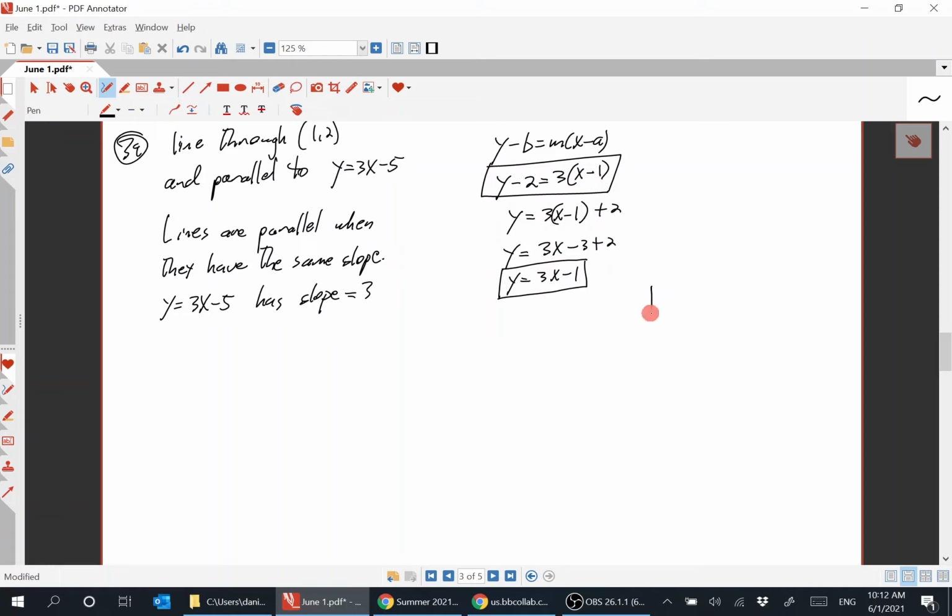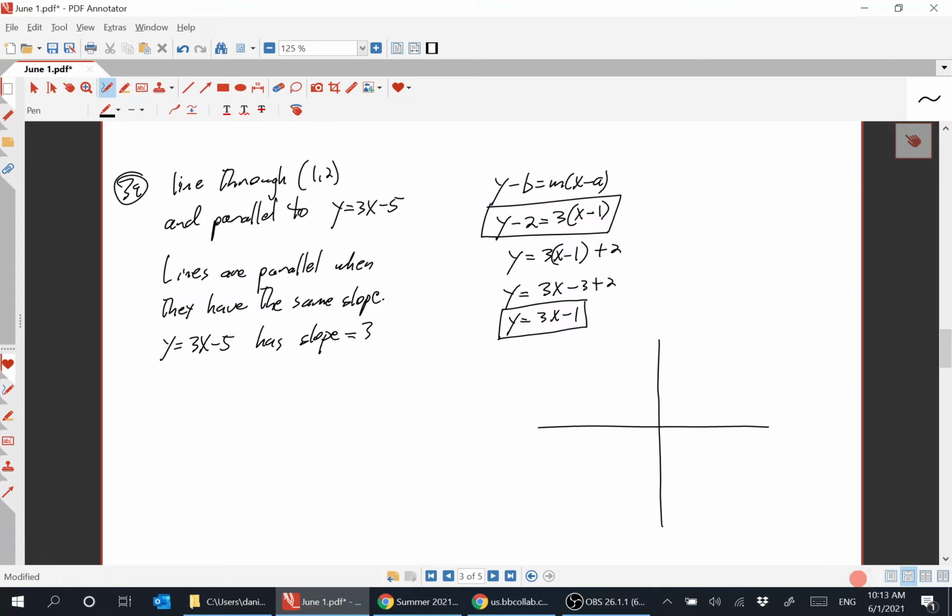So, in this example here, the y-intercept is negative 1. The x-intercept is going to be 1/3.